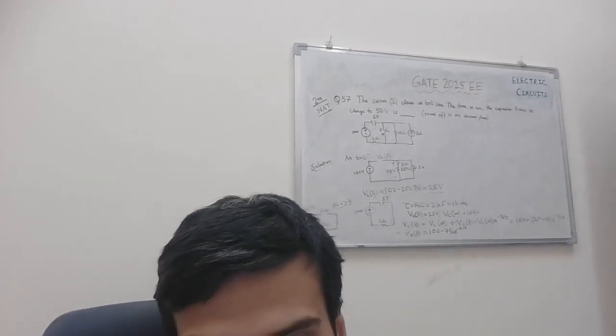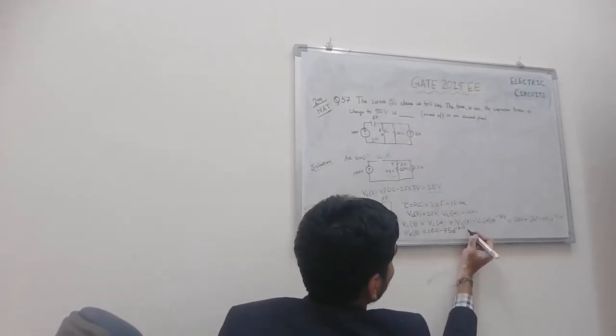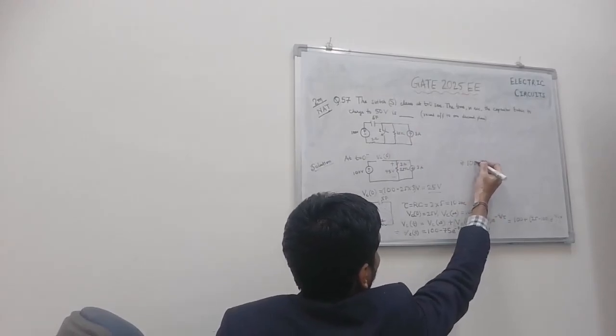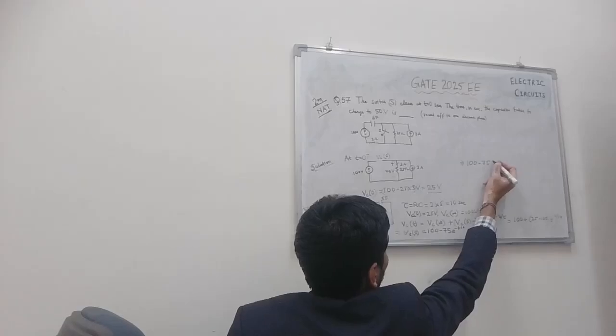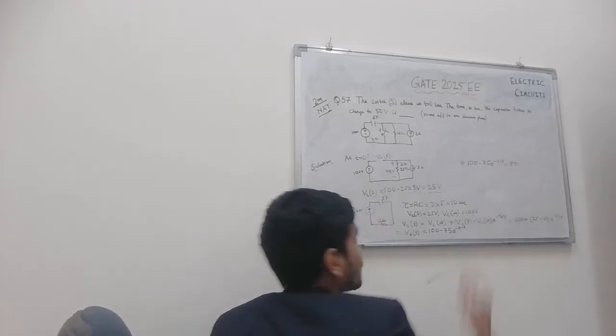And we need to find the time in seconds at which v is 50. So 100 minus 75 e to the power minus 0.1 t equals 50.